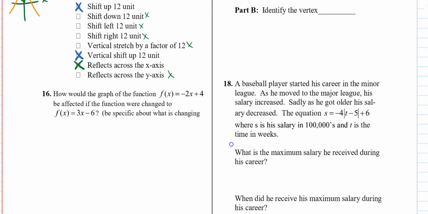16. How would you describe the function? How would the graph of the function f(x) equals negative 2x plus 4 be affected if the function were changed to f of x equals 3x minus 6? So we got to look at a lot of stuff. There's three things that are happening.